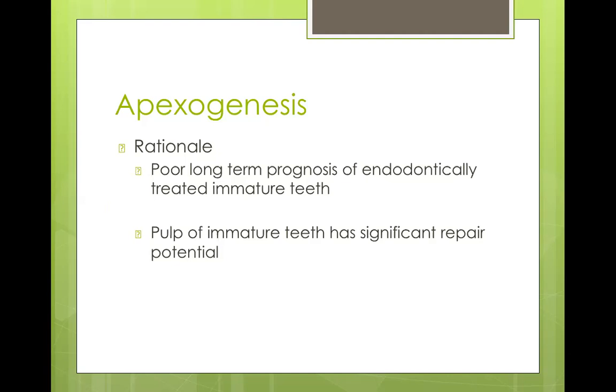So whatever treatment we're doing in apexogenesis, we're trying to keep this pulp alive so that the pulp can grow in length and in thickness. And the pulp of these teeth that you want apexogenesis on should have significant repair potential. So it shouldn't be a tooth that is necrotic.